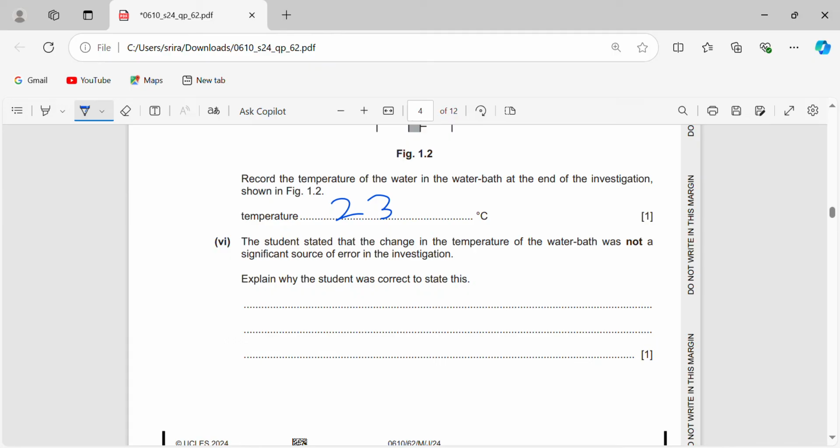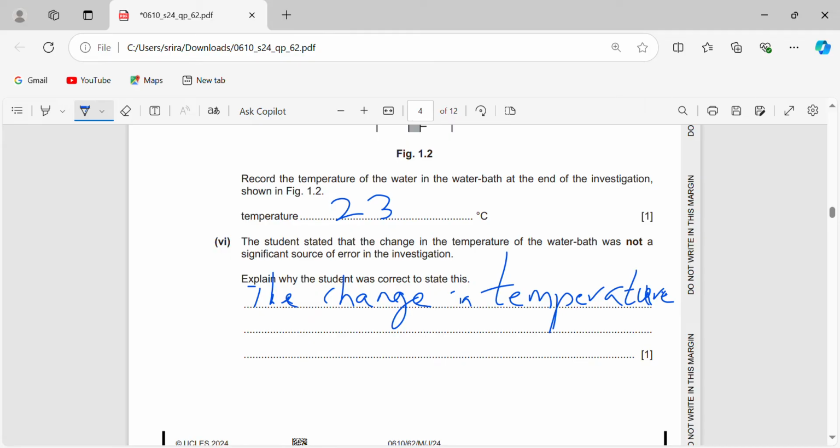So let's just write that. So and the change in temperature. And yes, I'm going to be almost, no, I did not cross the margin.